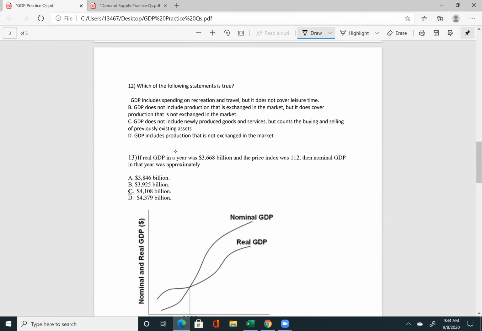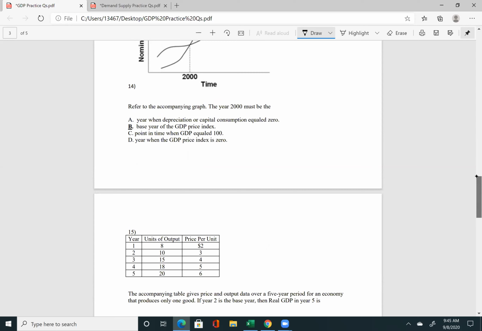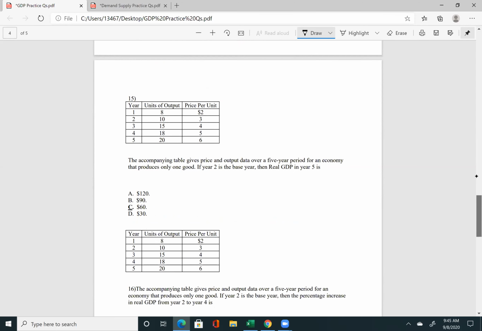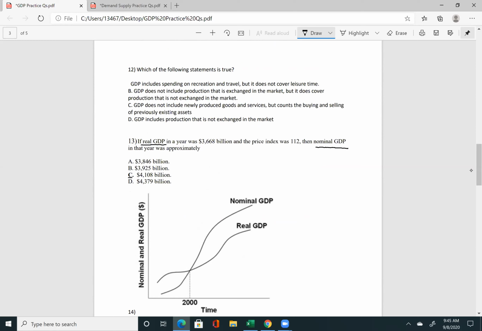All right, take a look at question number 13. There is a difference between real and nominal gross domestic product, which I will do in questions 15 and 16. Now, let me do something here. Let me write down the formula. There is a formula for price index.